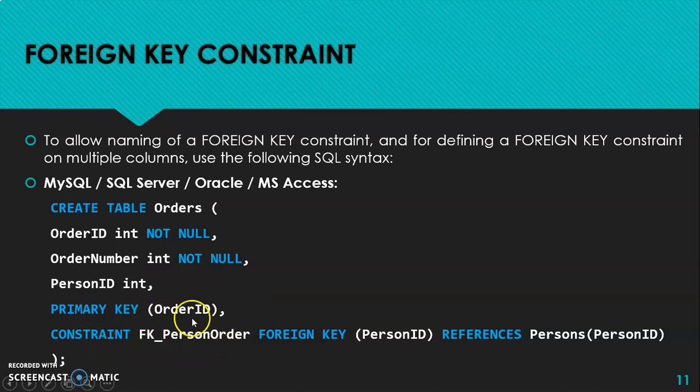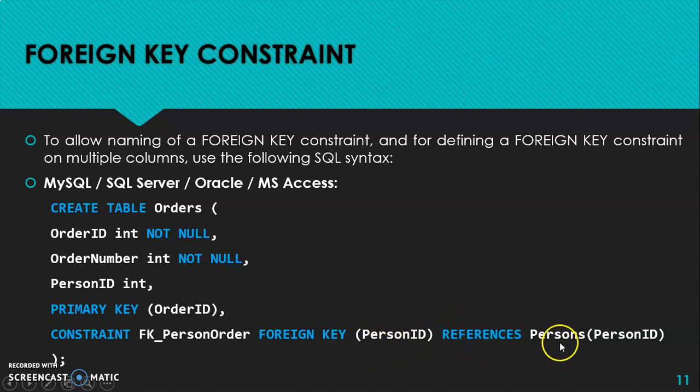Since we are considering the foreign key, foreign key person order, because it is creating a relation between person and order. So giving some meaningful name, it is fk person order, that is foreign key of person order. Then foreign key person ID, the column which is being referenced. Now this person ID is of the table orders.